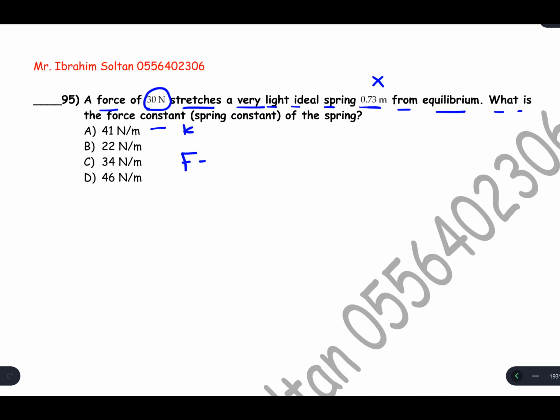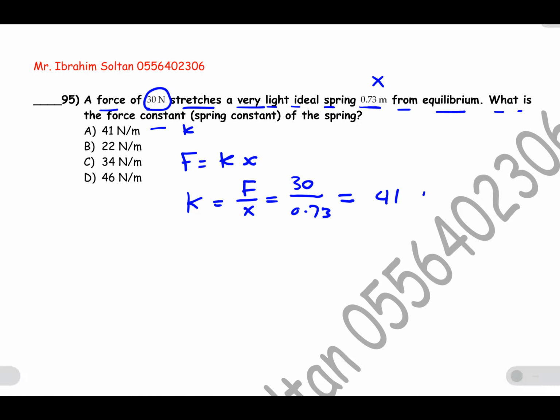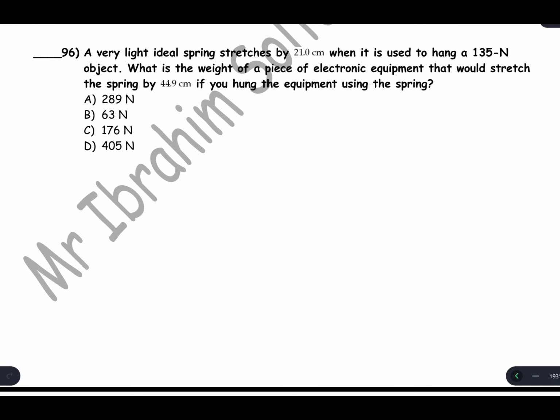We need K. You know that F equals Kx from Hooke's law, so K equals F over X. So F 30 Newton and X 0.73. So the answer is 41 something, or 41 Newton per meter. So the answer is letter A. Let's go to the next one.